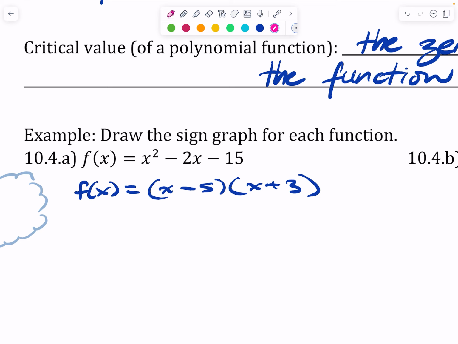The zeros of this function are 5 and negative 3. Those are the values of x that make the whole function value equal to 0. And because we're drawing a sign diagram, we're going to say that those are our critical values, or CVs for short. You don't necessarily need to write that down, but it can help frame your thinking.